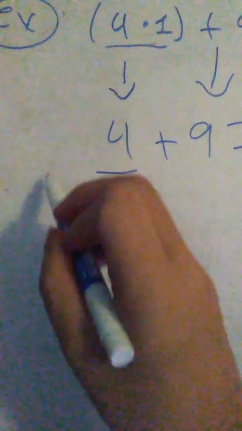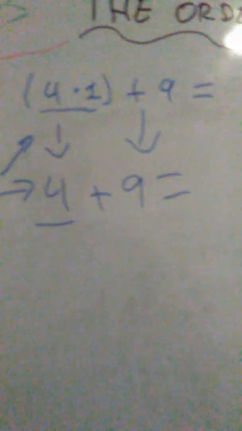I'm going to write that down. Then we bring everything down. So now we do 4 plus 9, which is 13.